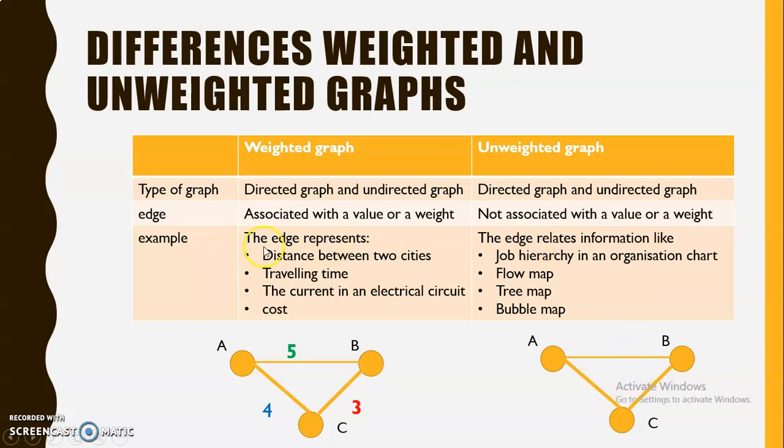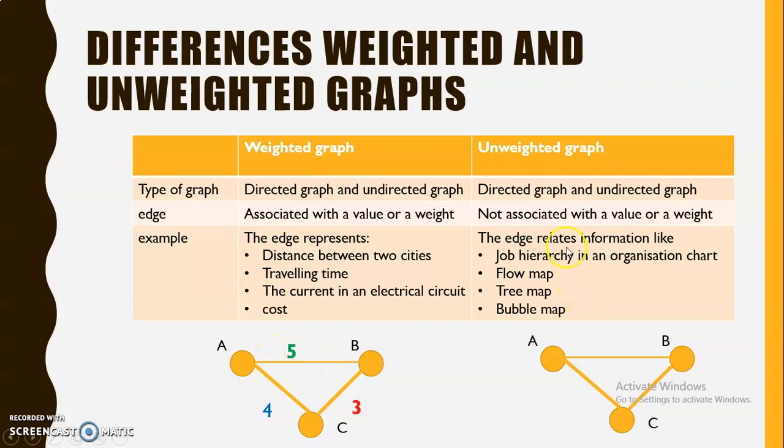So for example, the edge represents the distance between two cities. Let's say A to B, 5 kilometers. Okay, traveling time, 5 minutes, maybe 5 hours, the current in an electrical circuit, and the cost, maybe A to B is 5 ringgit.